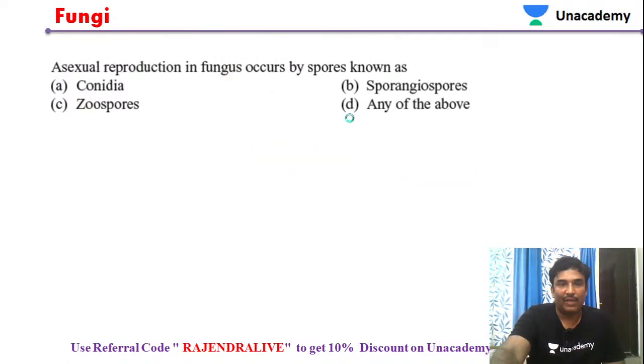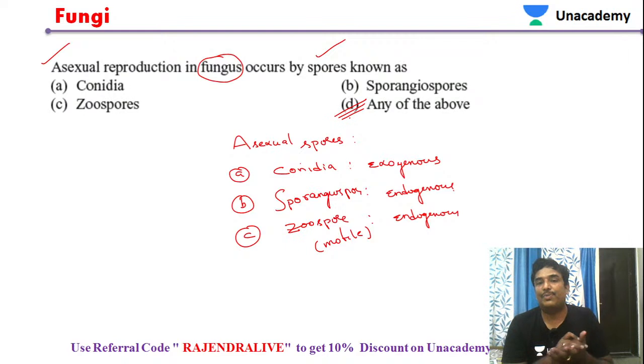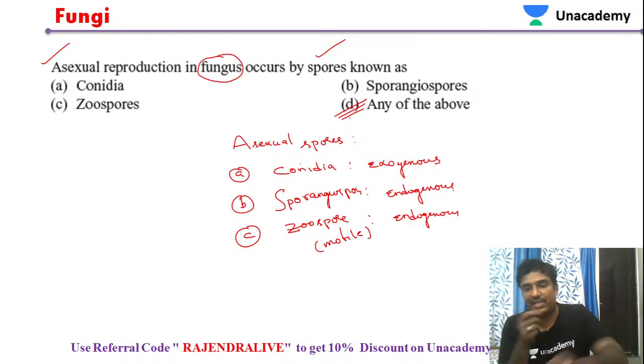In fungi, different types of asexual spores are present: conidia, sporangiospores, and zoospores. Conidia is an asexual spore which is exogenous in nature. Sporangiospore is an asexual spore which is endogenous in nature. Zoospore is also an asexual spore which is endogenous in nature.